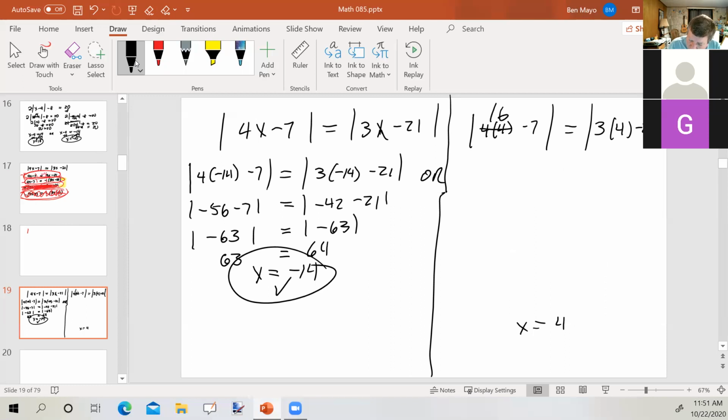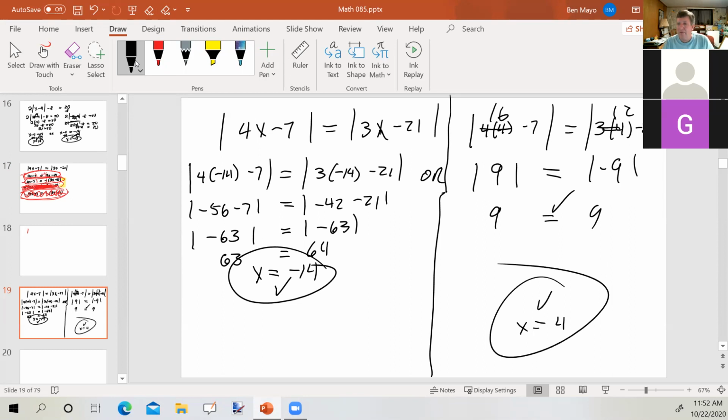So this becomes 16 minus 7. What's 16 minus 7? 9. What's the absolute value of 9? 9. Okay. What's 3 times 4? 12. What's 12 minus 21? Negative 9. And what's the absolute value of negative 9? 9. And it checks. And there you have it.